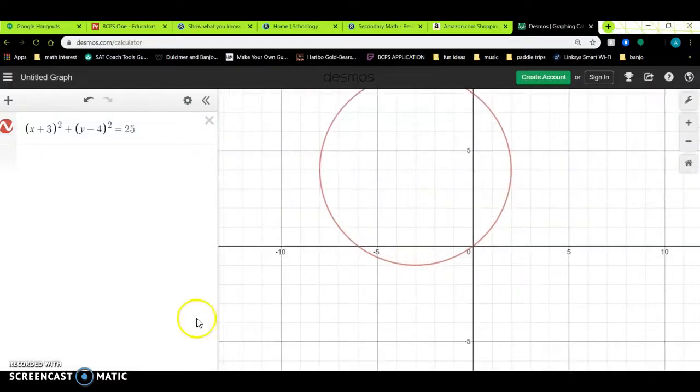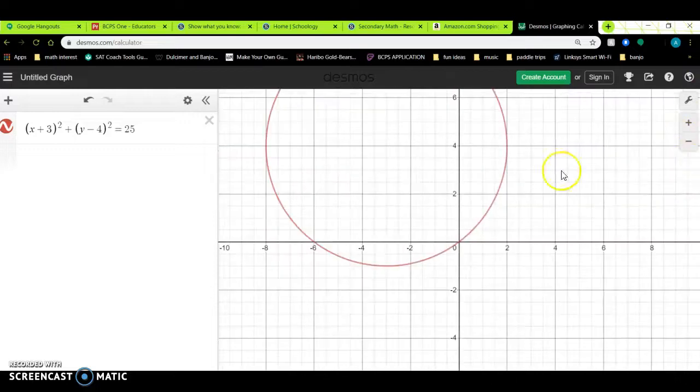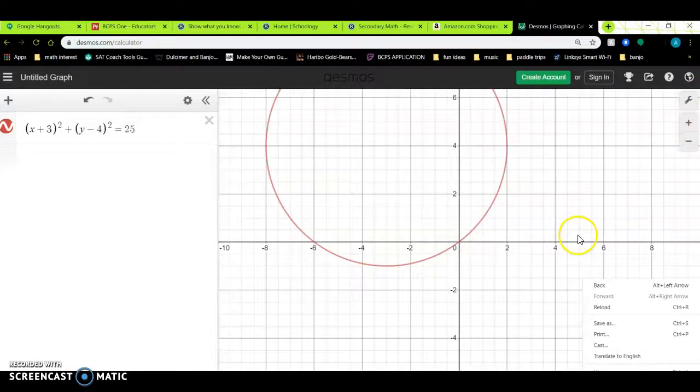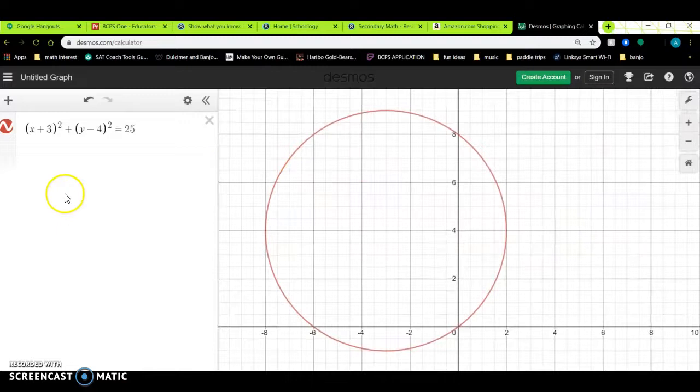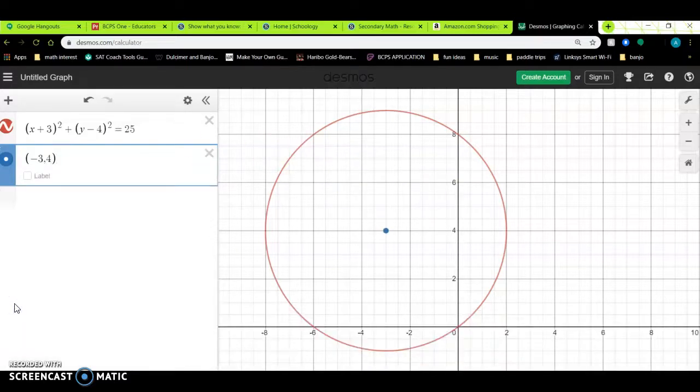So you'll notice our center, let me get us back in here, home. I'm going to type in our center. Our center was -3, 4. Boom, notice. Hide keyboard. That's directly in the center of our circle. So our center works. And let's check our radius.